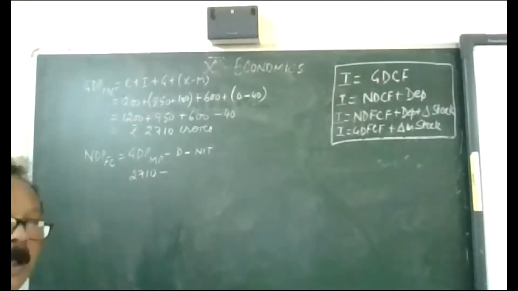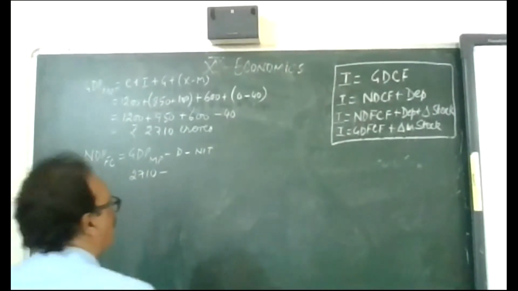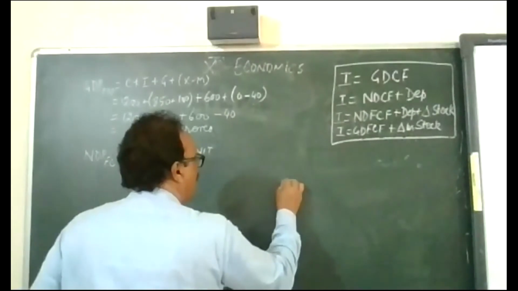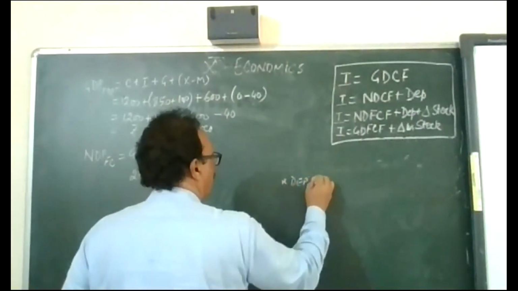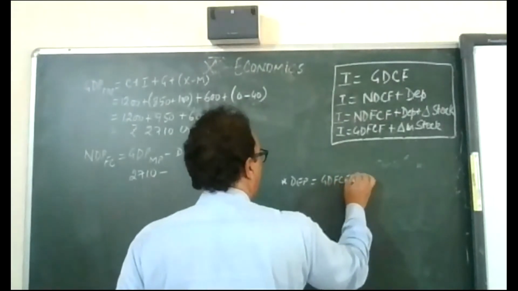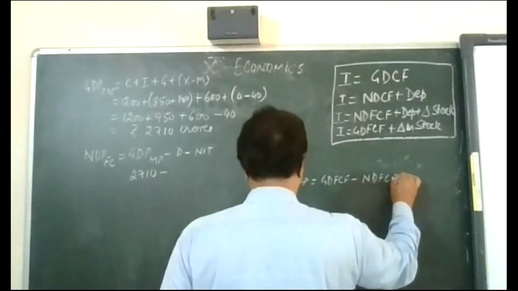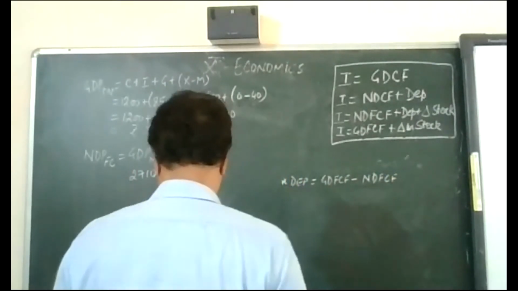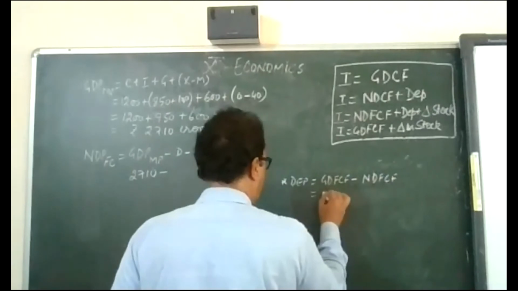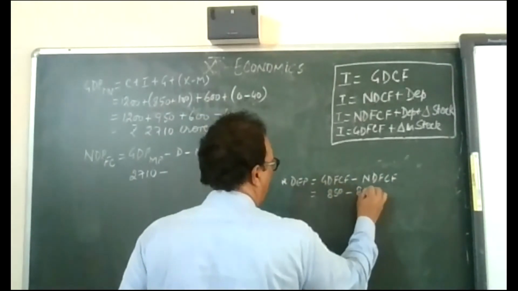So from gross you minus net, what you get? Depreciation, right? So depreciation equals gross domestic fixed capital formation minus net domestic fixed capital formation. Gross is given as 850, net is given as 800.